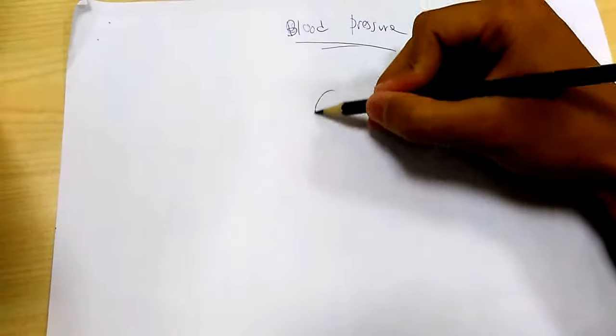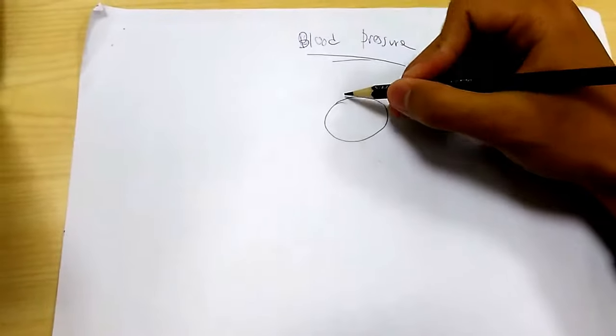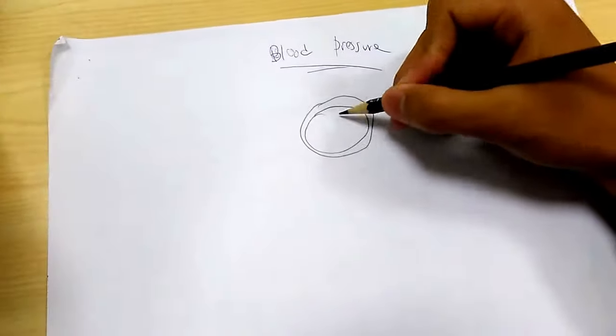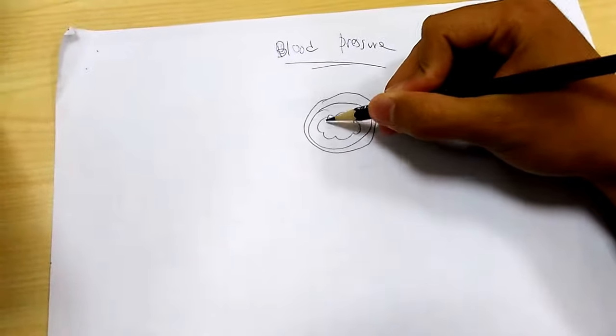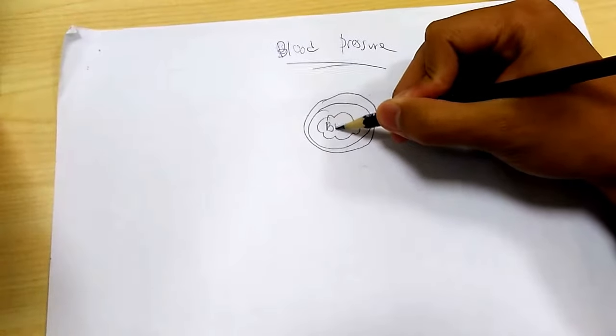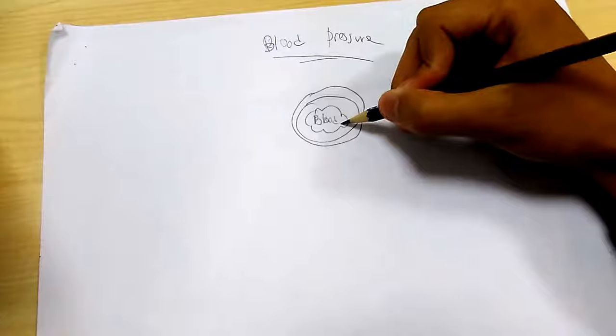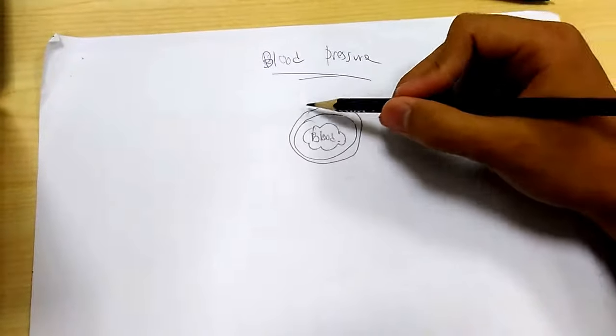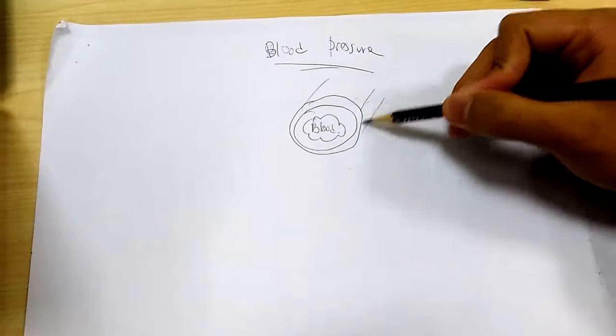If we want to draw some kind of blood vessels, like this is the blood vessel, and this is the blood. So this is the blood and this is the vessel, as you can see.